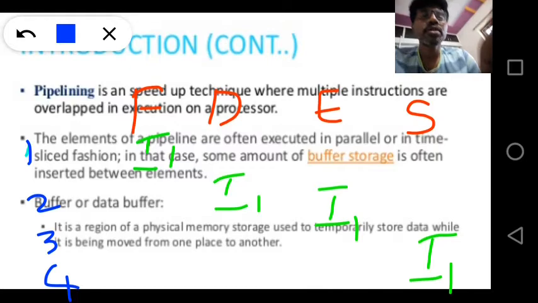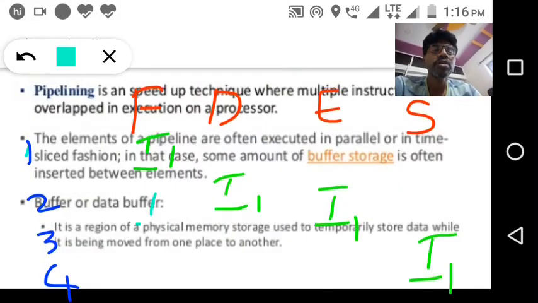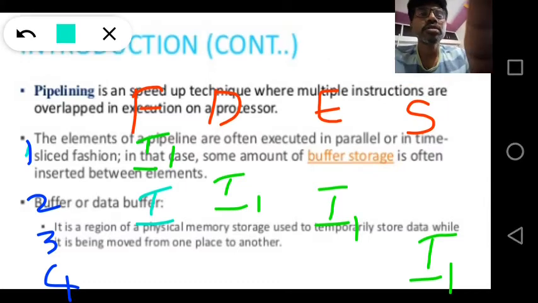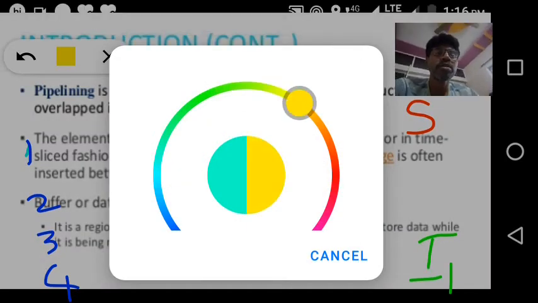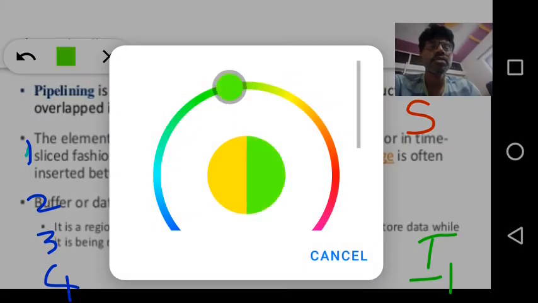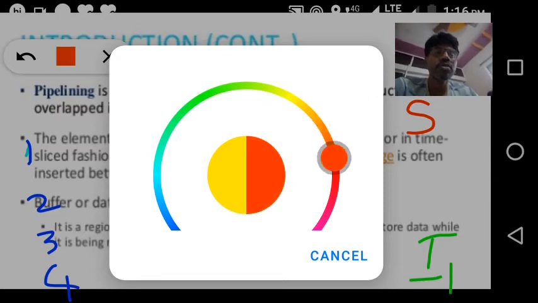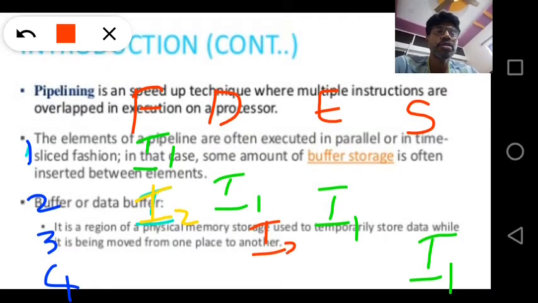Here I2 comes. When I have I1 here and I2 here, I3 comes here.